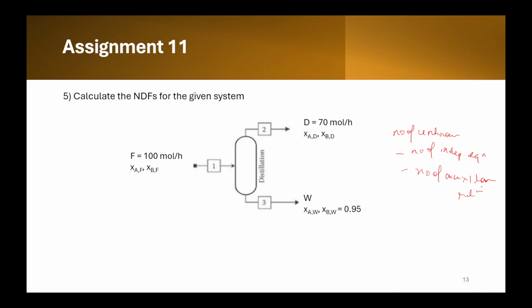Okay, so how many unknowns are there basically? This is one unknown, this is one unknown, and this is one unknown. Why am I taking only these three unknowns? However, if you can see, there are 1, 2, 3, 4, 5, 6 unknowns, because XBD can be found out using XAD. So XBD is basically 1 minus XAD.